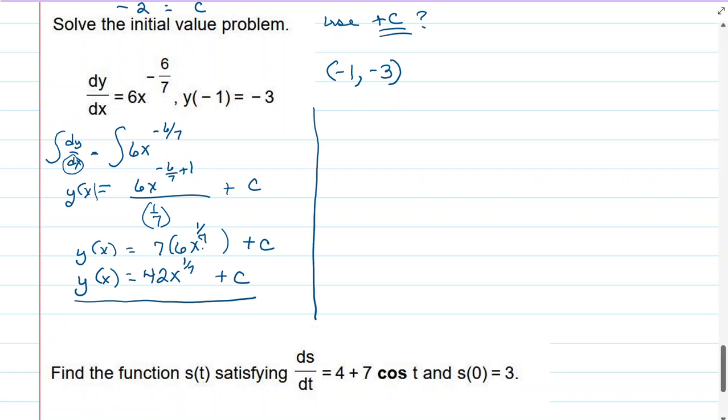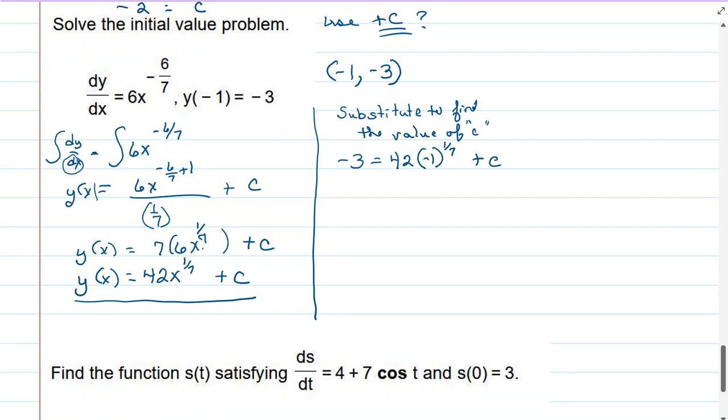So now we're going to insert what we know. So I'm going to have a -3 equal to 42 times -1 to the 1/7, plus c.